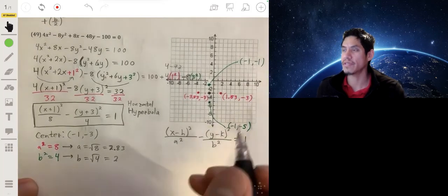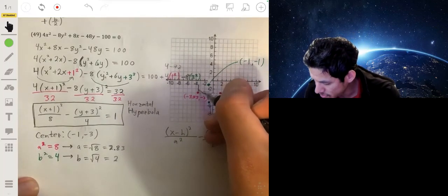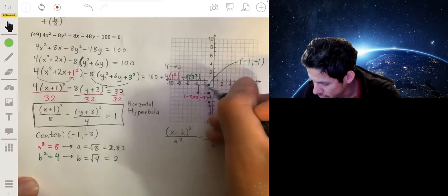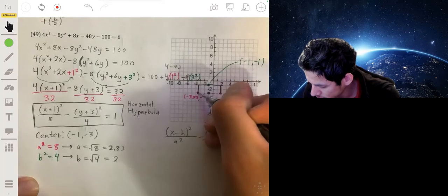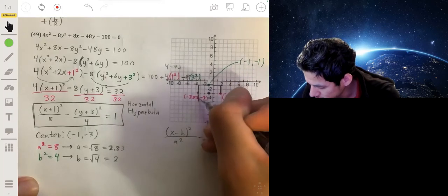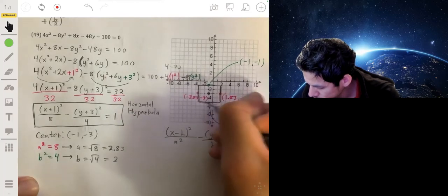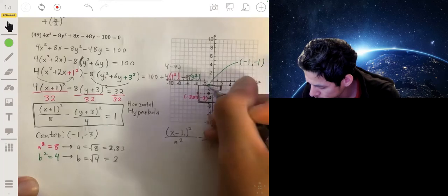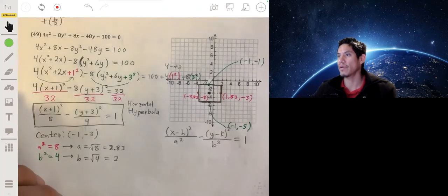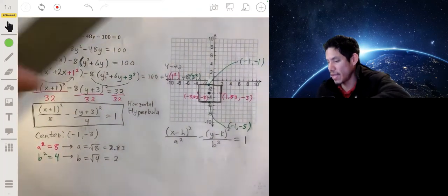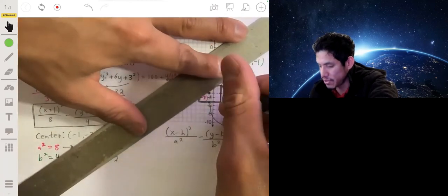Now, the way I use this to guide my hyperbola is to draw a rectangle that goes through these points, through the co-vertices and vertices. We get a rectangle looking something like this. And you're going to have asymptotes on your hyperbola that go through the corners and through the center of this rectangular box.